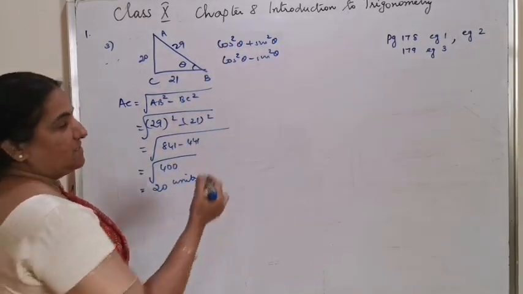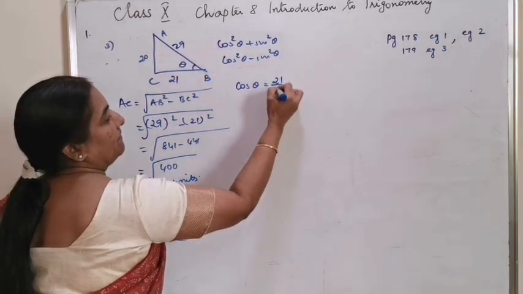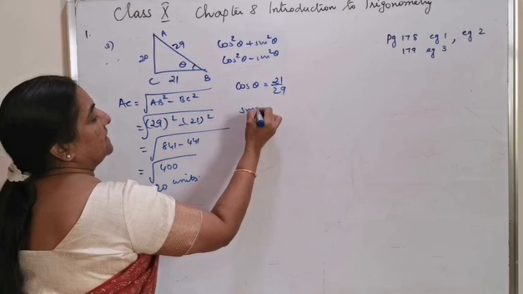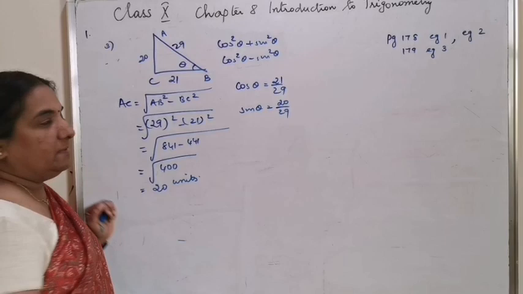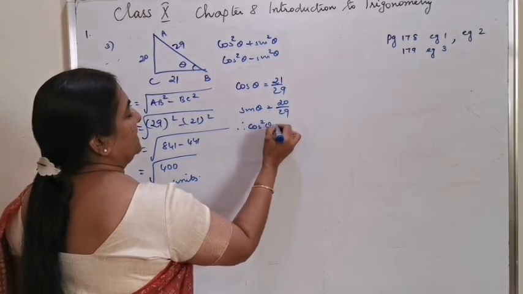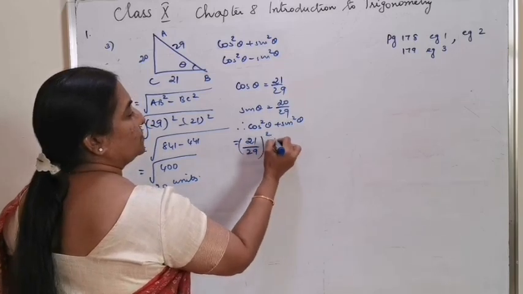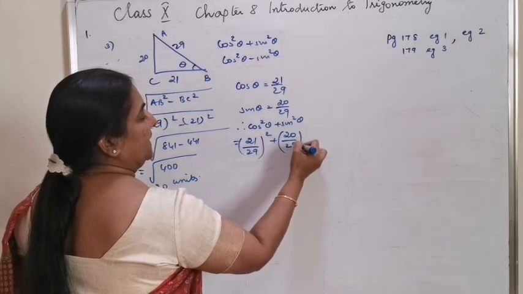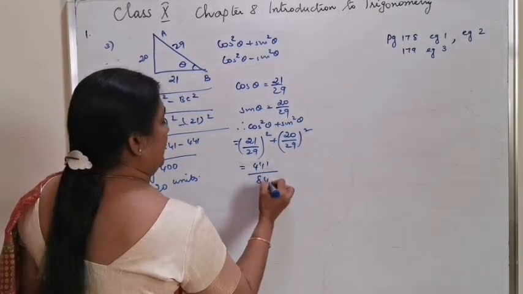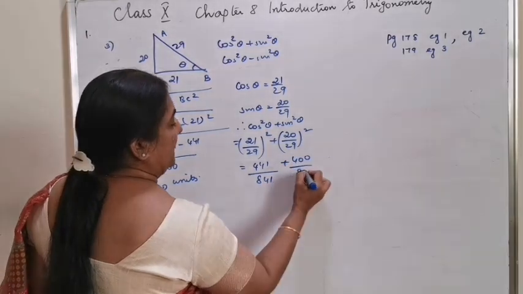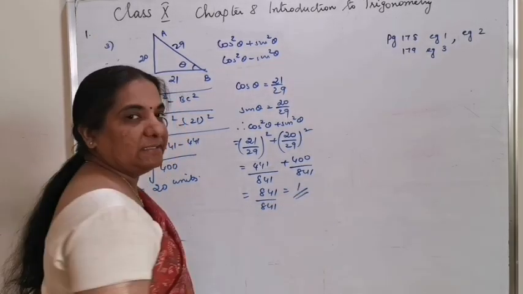Cos square theta plus sin square theta. Cos theta is adjacent by hypotenuse and sin theta is opposite by hypotenuse. Therefore, cos square theta plus sin square theta is equal to 21 by 29 the whole square plus 20 by 29 the whole square, which is the same as 441 by 841 plus 400 by 841. 841 divided by 841, the answer is 1.